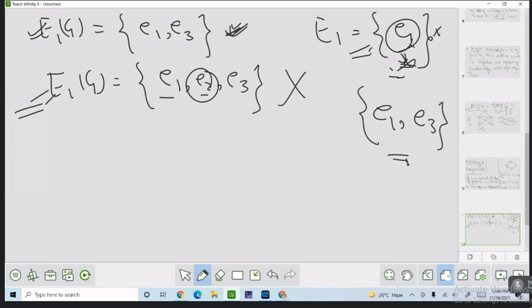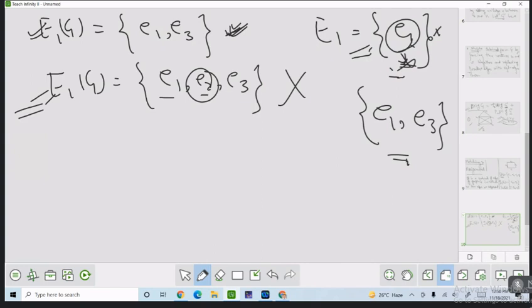Matching number means the number of elements in the matching. So these are the other definitions. You can see the book and find the maximal matching and matching number for all the special graphs. I have already told you.